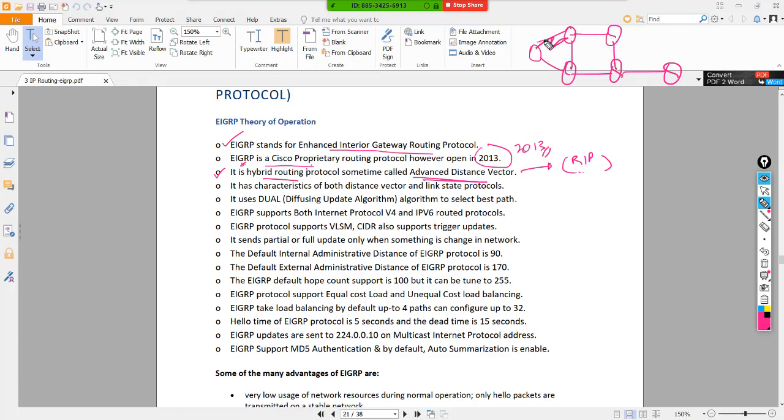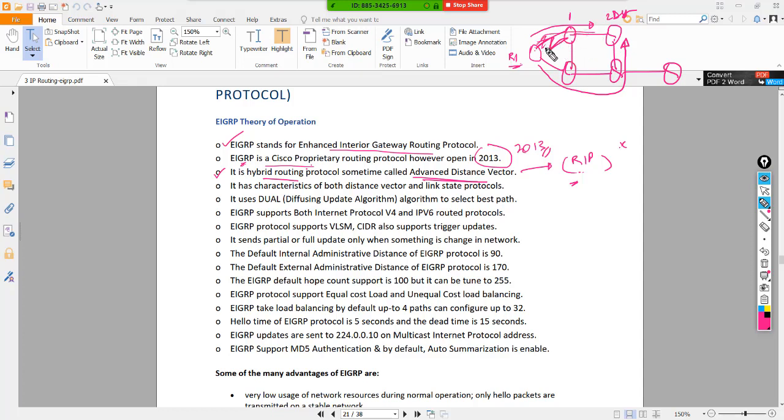To reach this destination, my router 1 is going to forward the packet in this direction. The only reason is it's going to take only the first hop and second hop. But you had a very good path, and RIP is not going to take that because the number of hops is more: 1, 2, 3. So RIP is going to take this.